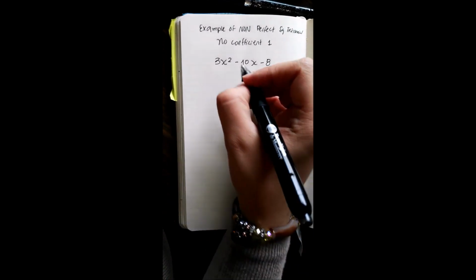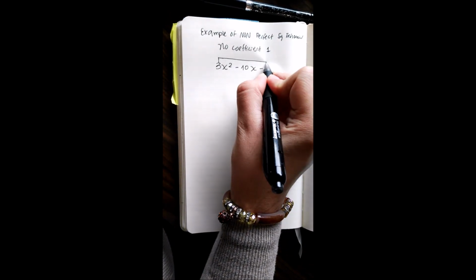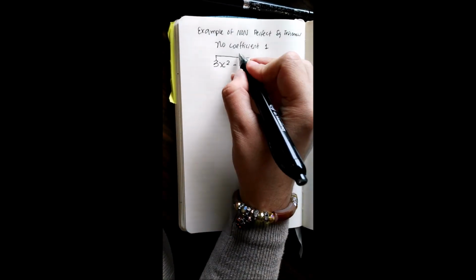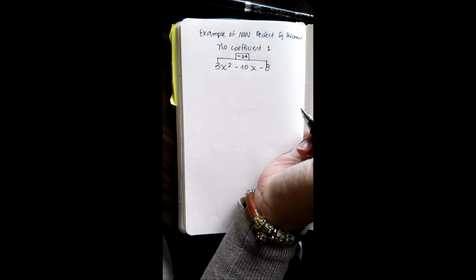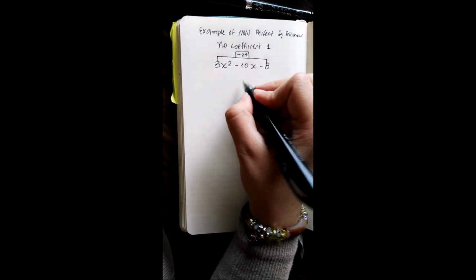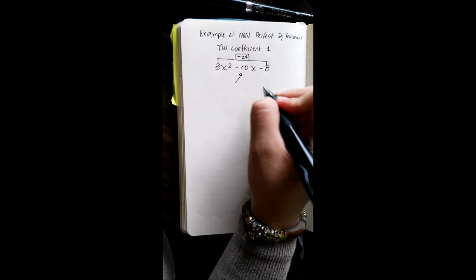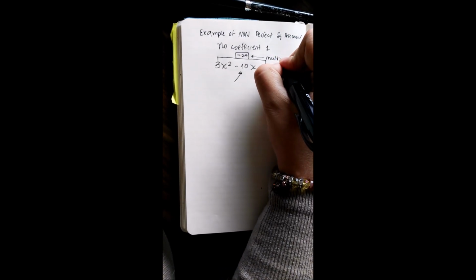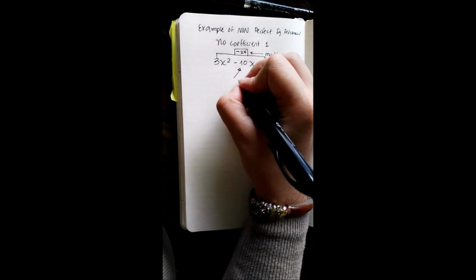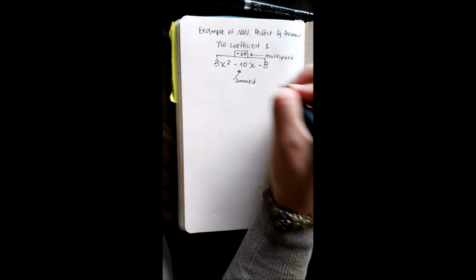Okay, so the first step will be multiplying the first and the last term. So 3 times minus 8 would give me minus 24, okay? Now, I need to find two numbers that when they are multiplied, they give me minus 24, and that when I sum them up, they give me the minus 10, okay?